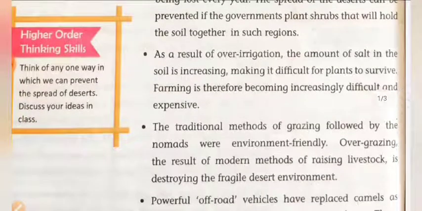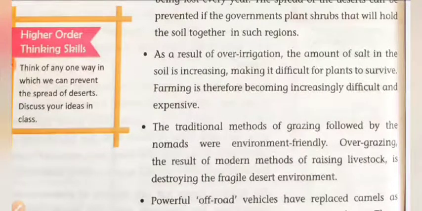The traditional method of grazing followed by the nomads was environment friendly. The nomadic people of the desert region are used to traditional methods, so they were environment friendly. Overgrazing is the result. The modern method of raising livestock is destroying the fragile desert environment.